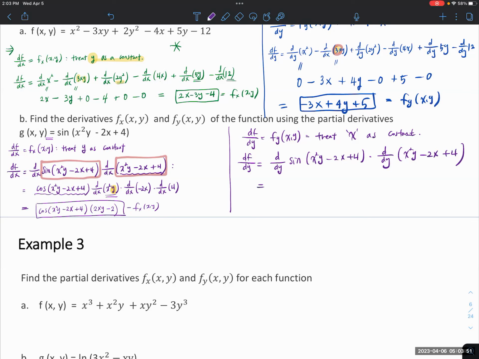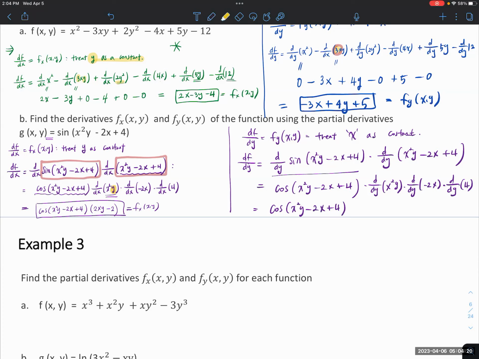So this part is going to be cosine of (x sec y) minus 2x plus 4. Nothing is special. And this one you have to do d/dy of x sec y, d/dy of negative 2x, d/dy of 4. So finally, cosine of (x sec y) times the derivative of (x sec y minus 2x plus 4).